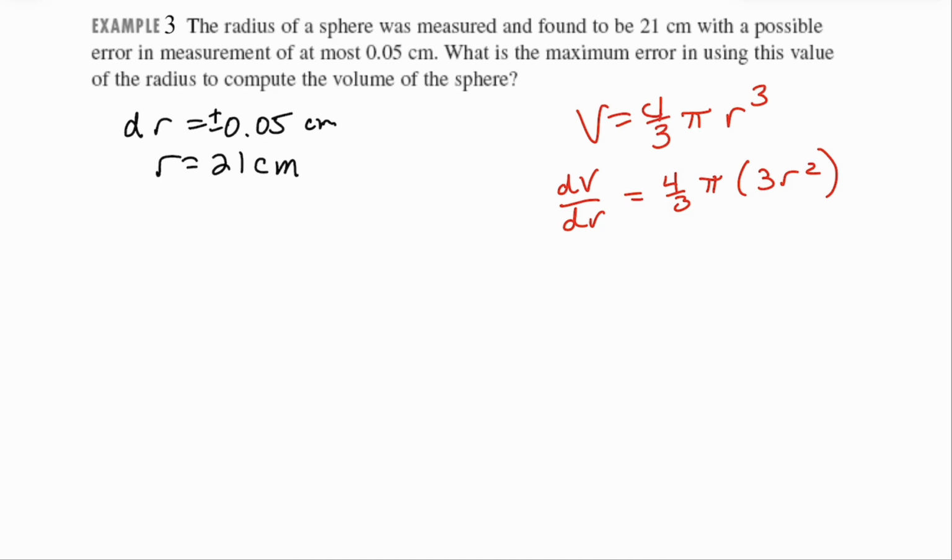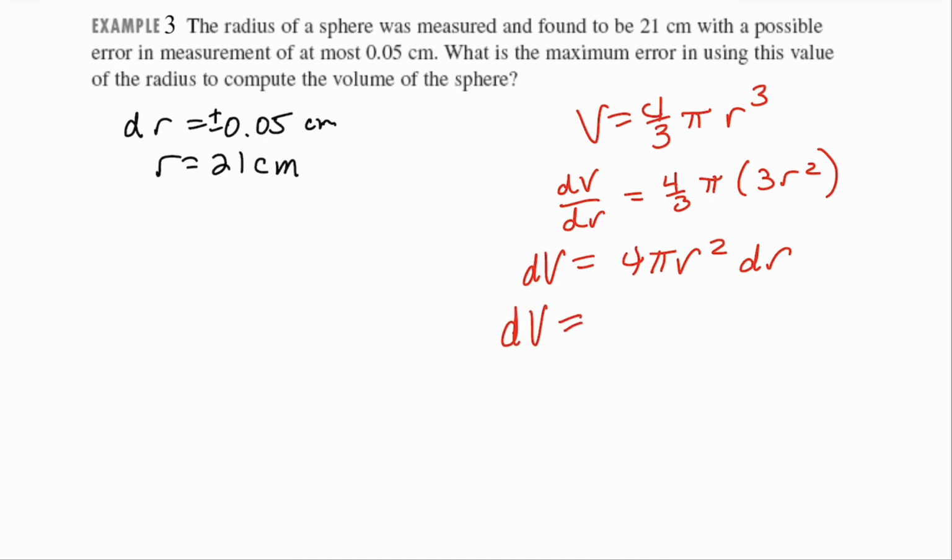If we differentiate this equation in terms of the radius, because we want to know how the volume is changing with respect to the radius, we don't need a dr on that side, because it's 1. And so we get that dv is 4 pi r squared dr. So let's plug in everything we know.